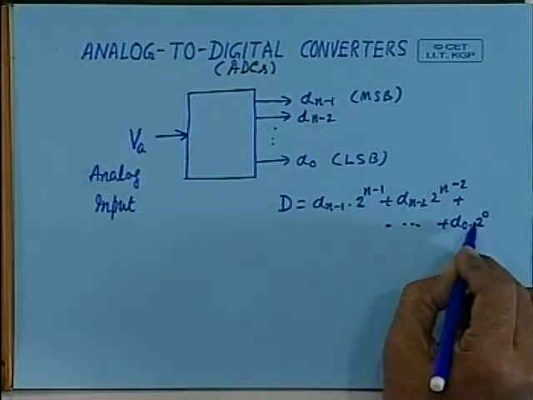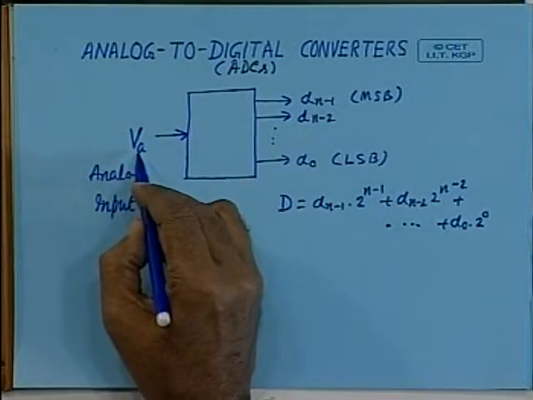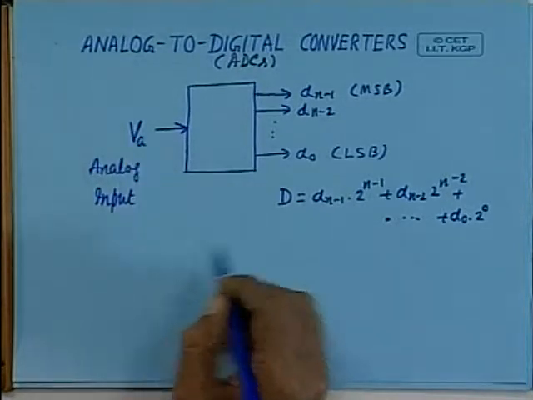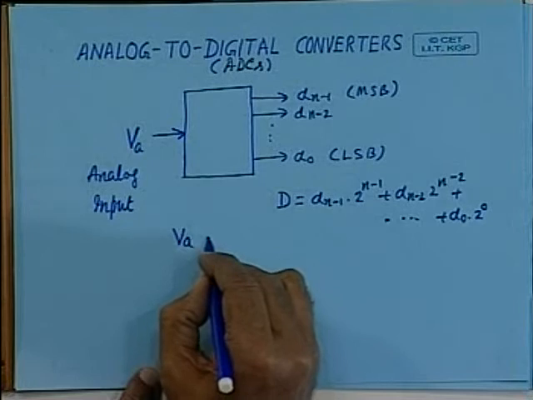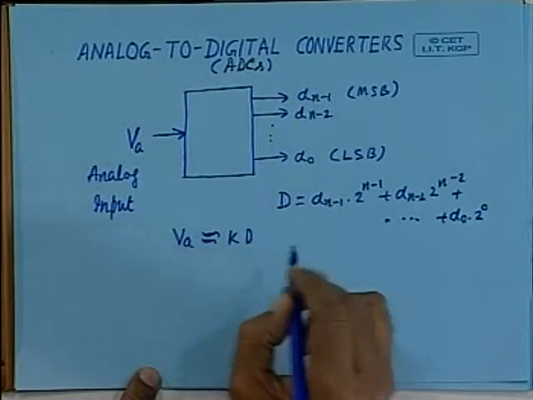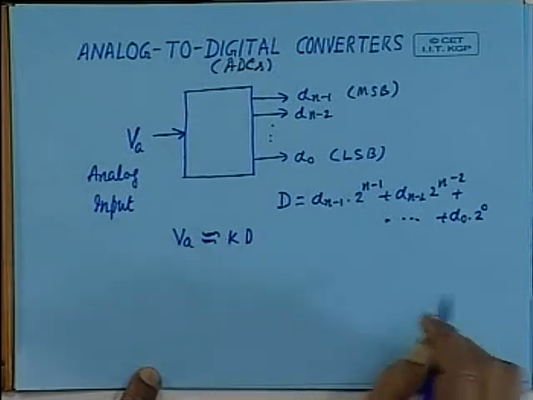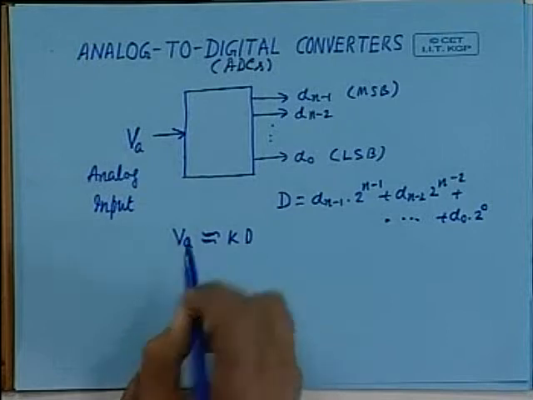Obviously it must have some relationship with the analog data, and the relationship is represented by VA nearly equal to K into D, where K is a constant. So the relationship between this analog data and digital data is shown in this diagram.